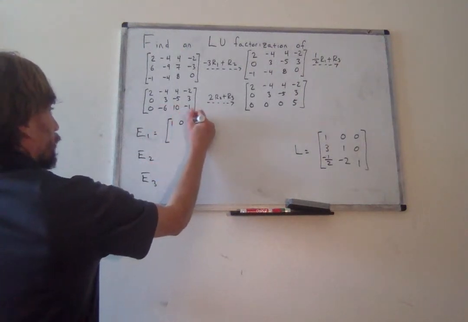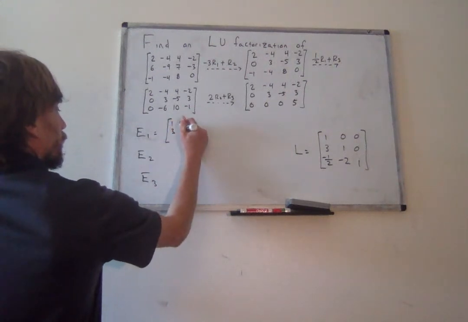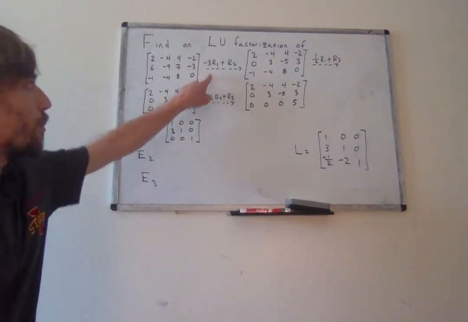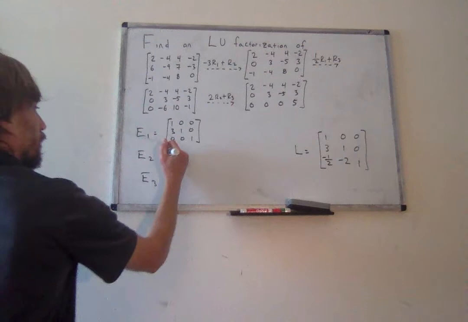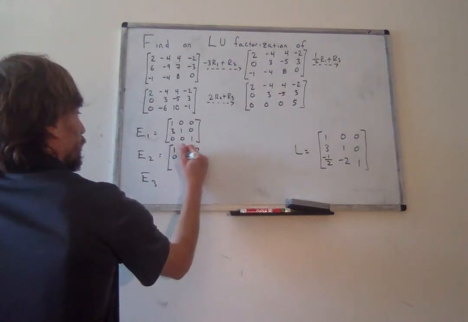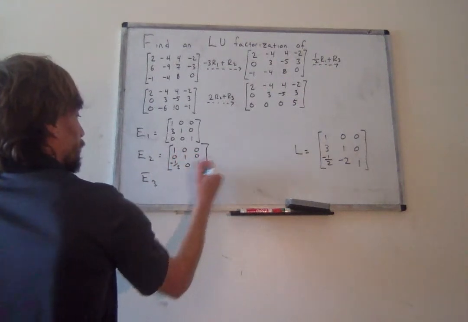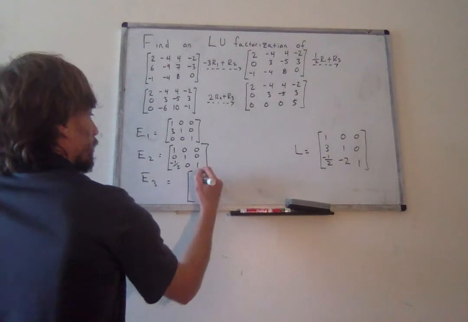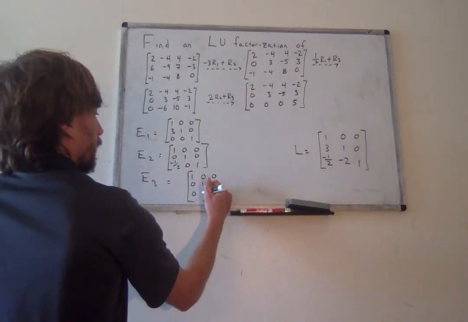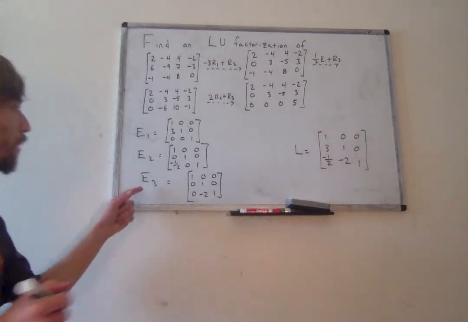So take the elementary matrix, right, so notice this is the elementary matrix that's opposite to the first row operation. This is the elementary matrix that's opposite to the second row operation. And this is the elementary matrix that's opposite to the third row operation.